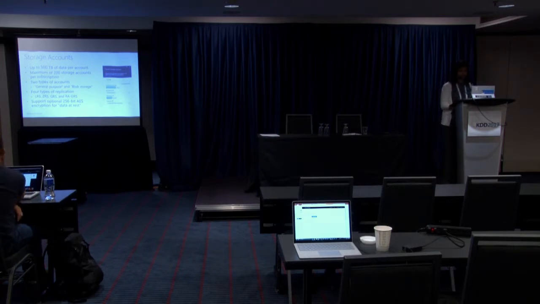With geo-redundant storage, your data is replicated 3 times within the primary region and is also replicated 3 times in a secondary region. And there's a slight difference in cost, obviously, depending on which redundant scheme you choose. The last one, read access geo-redundant storage, will replicate your data to a secondary geographic location, and it also provides read access to your data in the secondary location.